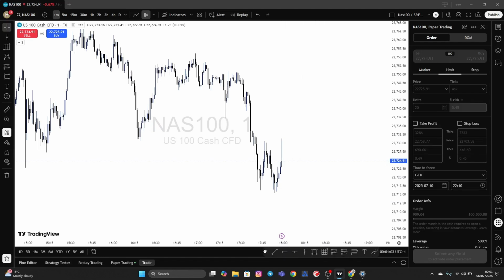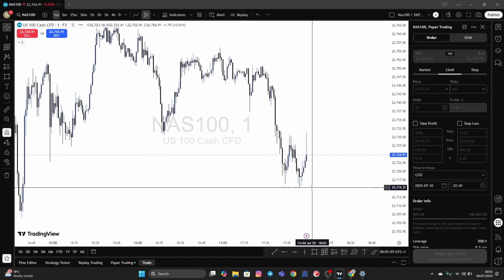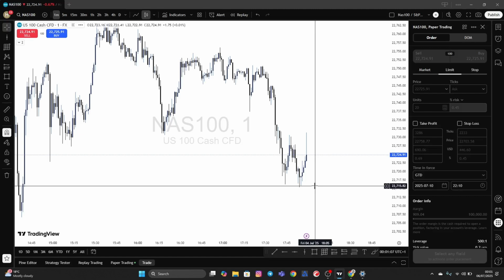Overall, happy because I know even though my average risk reward on the back testing was like a negative, it's profitable. I'll take it. Honestly, I'll take it. If I'm coming out day in, day out with profit, which is the main goal of trading, is making profit, why am I complaining?